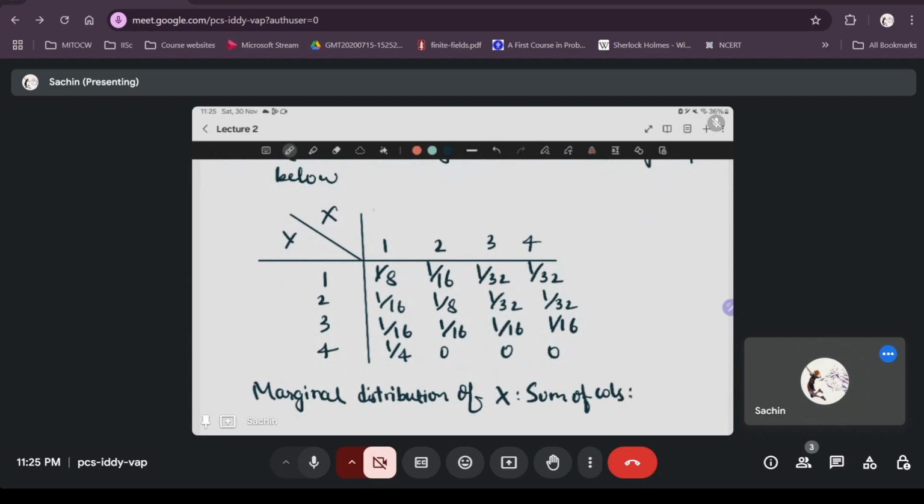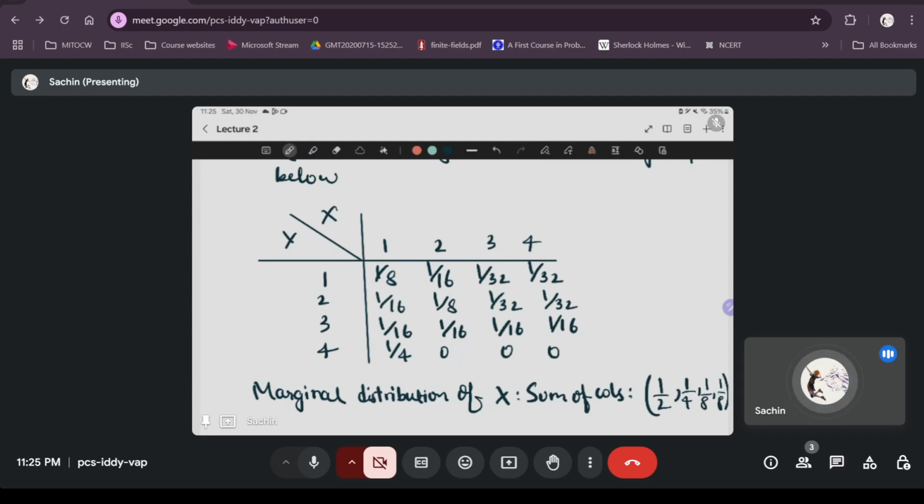So p of x equal to 1: you sum over all values of y of p of y comma x equal to 1. You should have seen this in probability. So p of x equal to 1 is the sum of all these terms. P of x equal to 2 is the sum of these terms. So you get half, 1/4, 1/8, and 1/8.